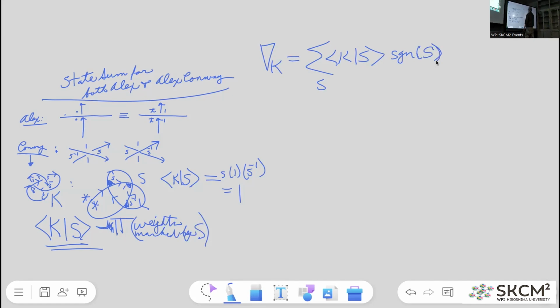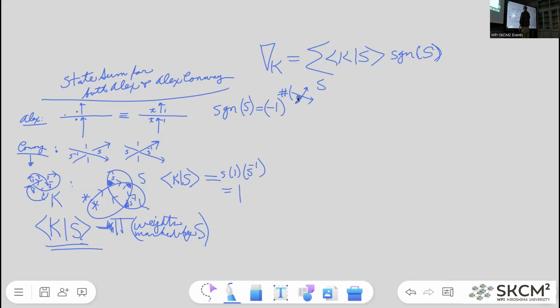And the sign of the state is equal to the parity of the number of black holes. A black hole is a marker that goes in between two ingoing lines.